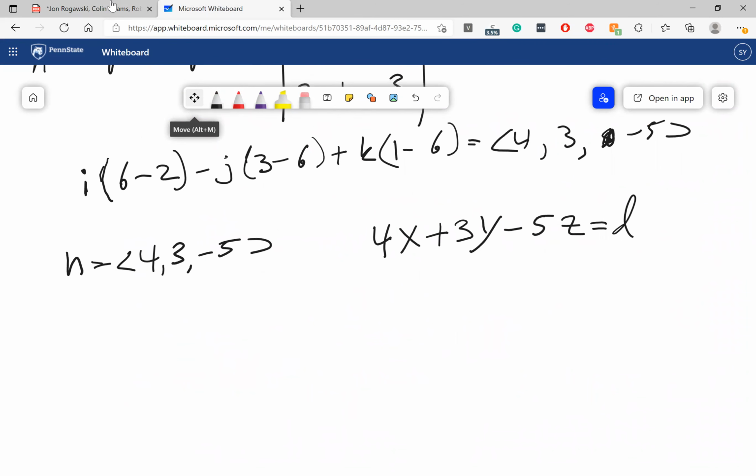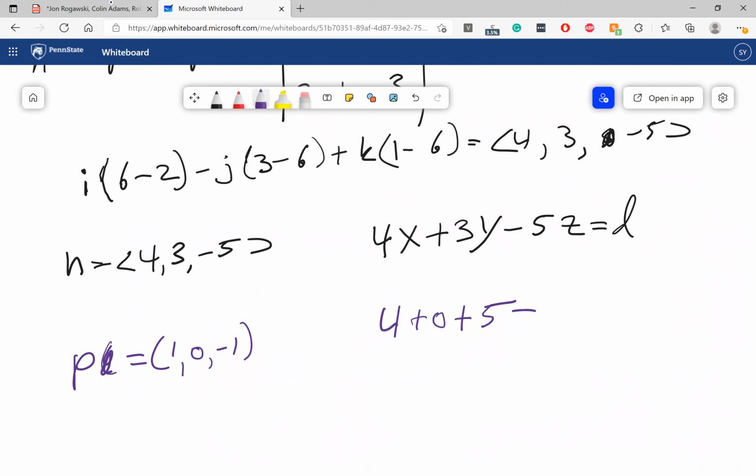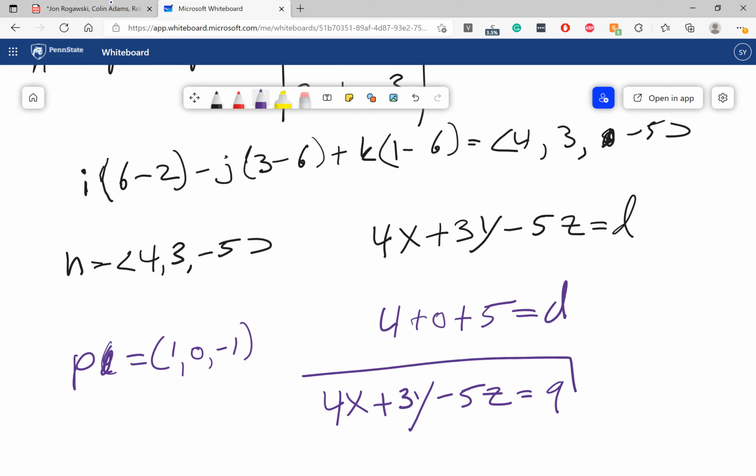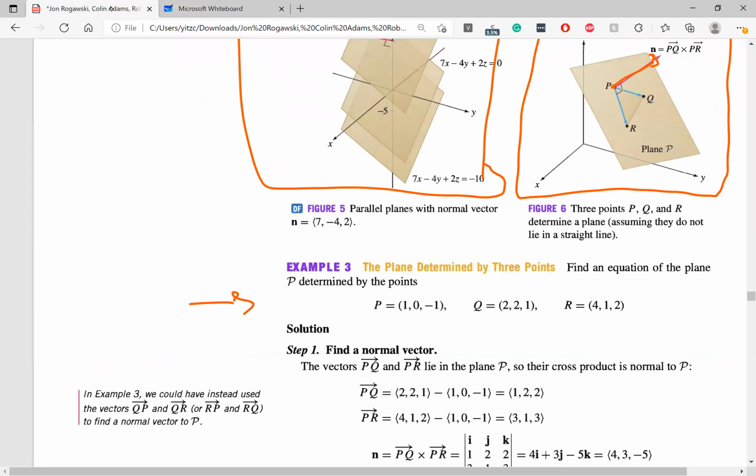You can use any one of the 3 points. So I plug that in, I get 4 plus 0 plus 5 is equal to d. So now I know that 4x plus 3y minus 5z is equal to 9. And that should be the equation of my plane.